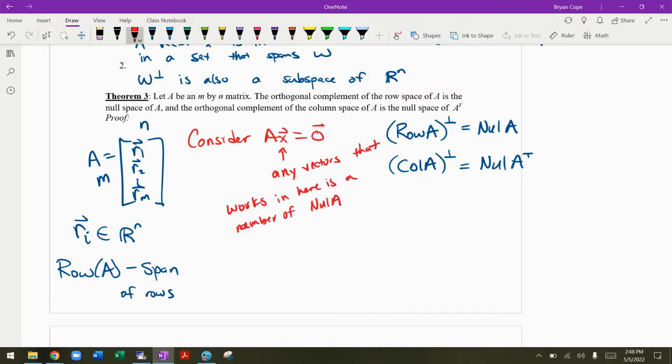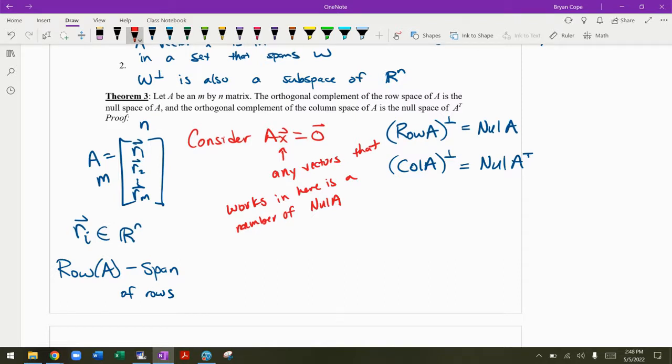By definition of what Null A is, any vectors that work in there are members of Null A. And what I'm claiming is that that whole set is the orthogonal complement of the row space. Let's explore why that's true.